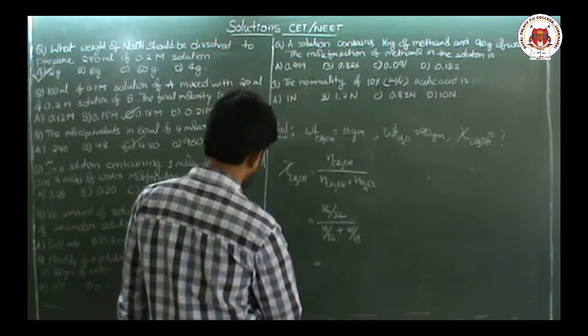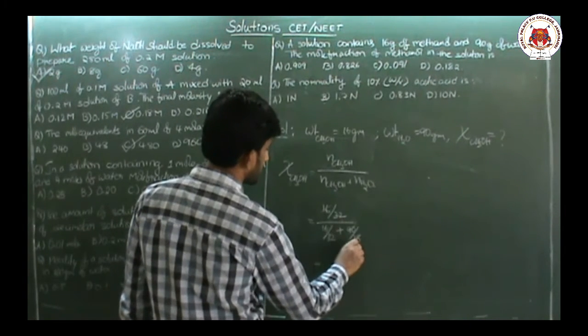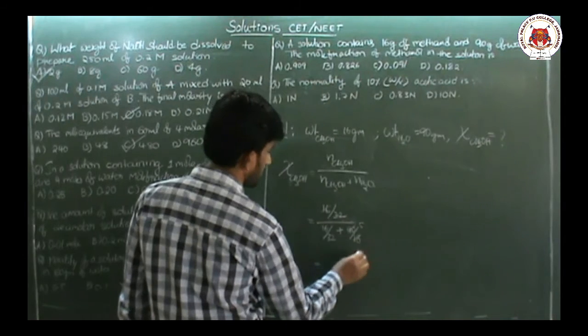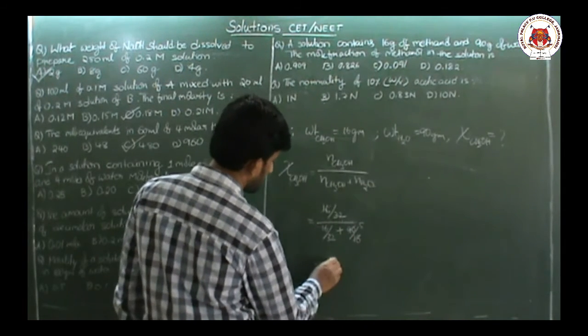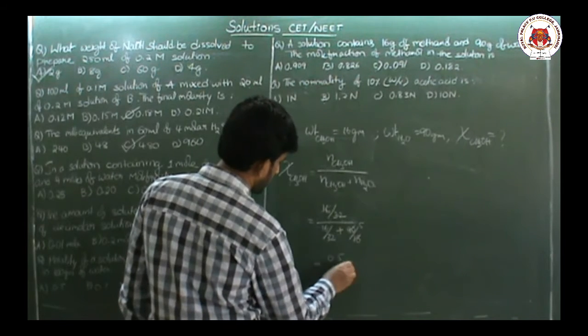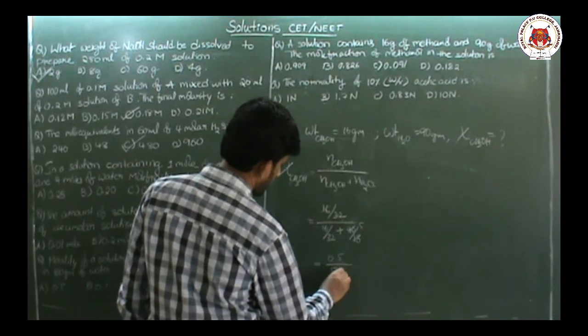So it is 1 by 5, it is 5 times. Now that means this is 0.5 and this is 5.5.